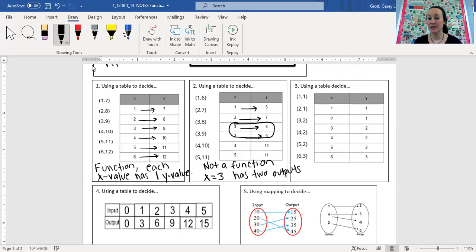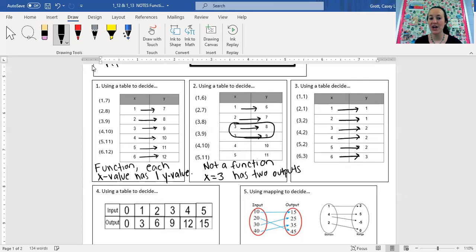Let's take a look at another table. So do my X values only go to one Y value? So X, 1 goes to 1, 2 goes to 1, 3 goes to 2, 4 goes to 2, 5 goes to 2, 6 goes to 3. You might be saying, hey, my 1s repeat, my 2s repeat. But do we care about Y?